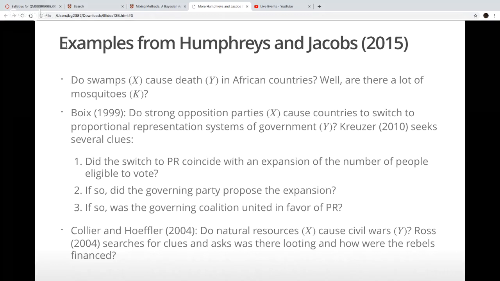And so the idea suggested in the Humphreys and Jacobs paper is, well, you could just take a subsample of the observations that you have low-cost data on, and in that subsample look for clues, which are additional variables that have different conditional probabilities depending on the type of the observation that you're studying, that has some bearing on what is the type of the observation.